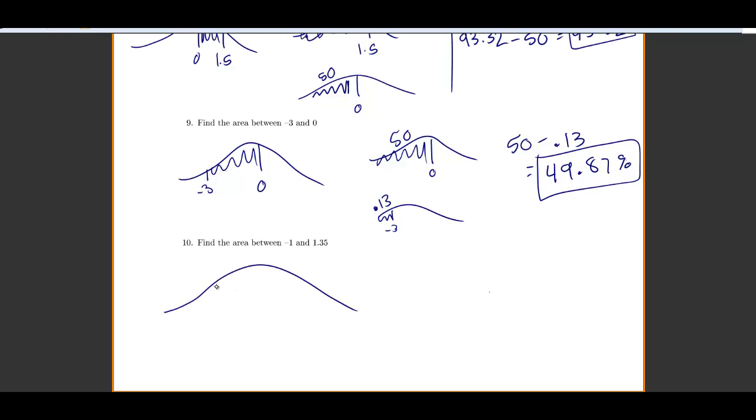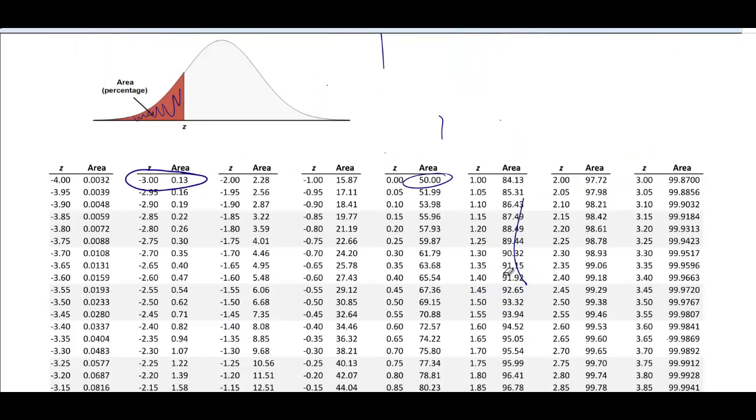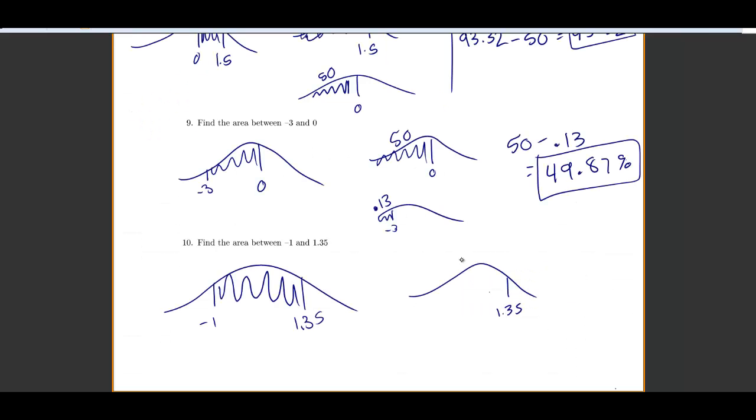And number 10, find the area between -1 and 1.35. So here's my 1.35. Let's go to my table. I want to look up 1.35. That has an area to the left of 91.15.